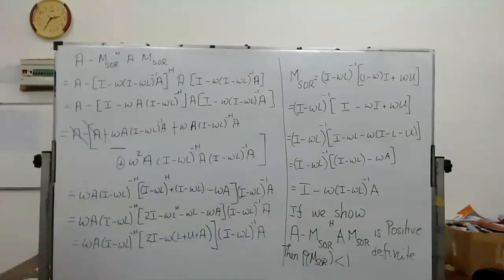Right, so now this is what you have, right? So when you pull out omega, you get L plus U plus A, right?